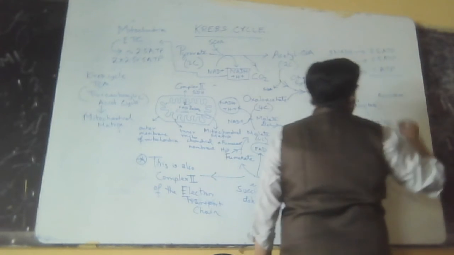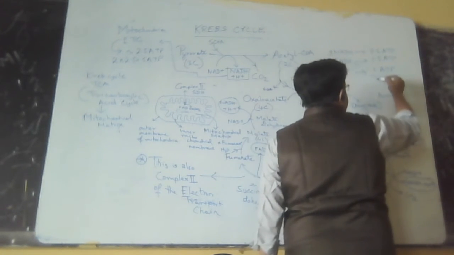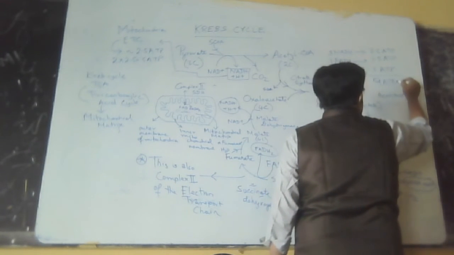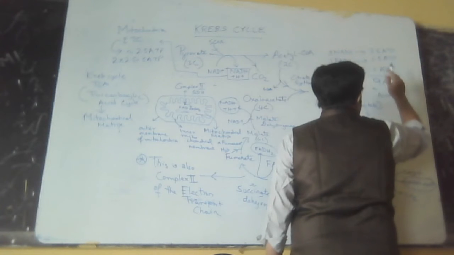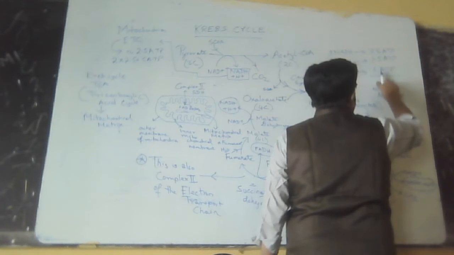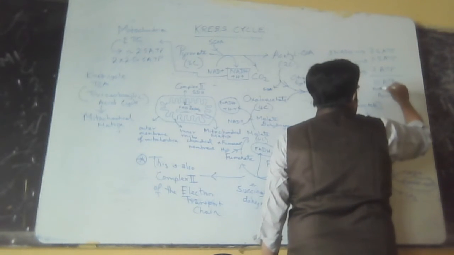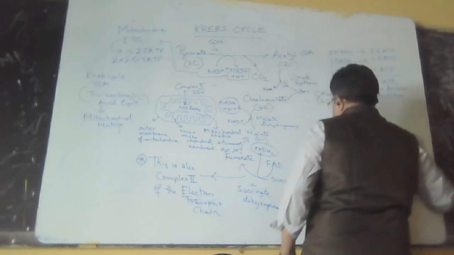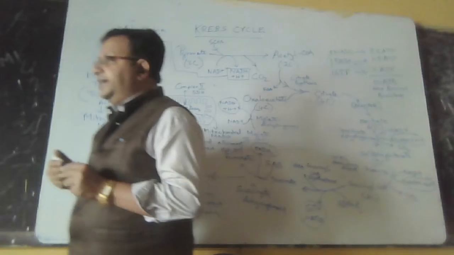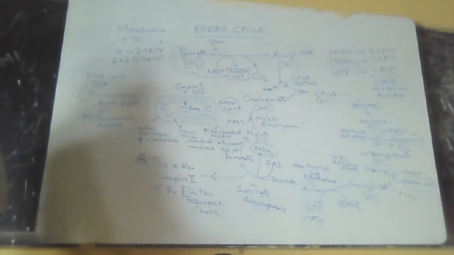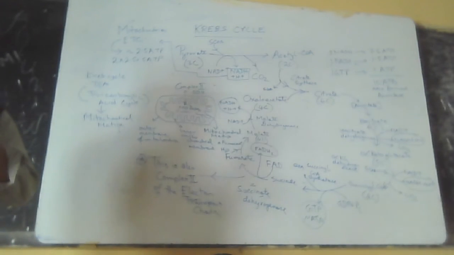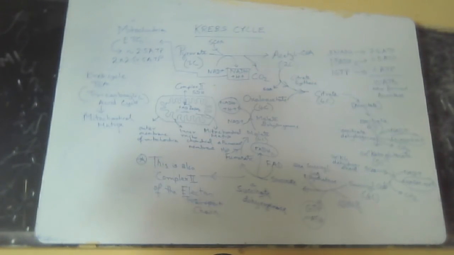So roughly, you can say around 9 ATPs, 10 ATPs are formed. So one Krebs cycle gives rise to 10 ATPs. One cycle gives 10 ATP.